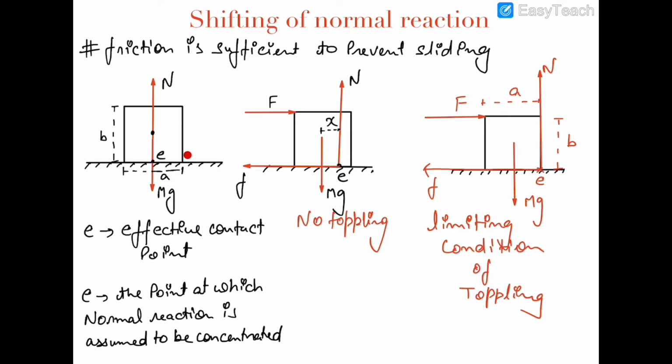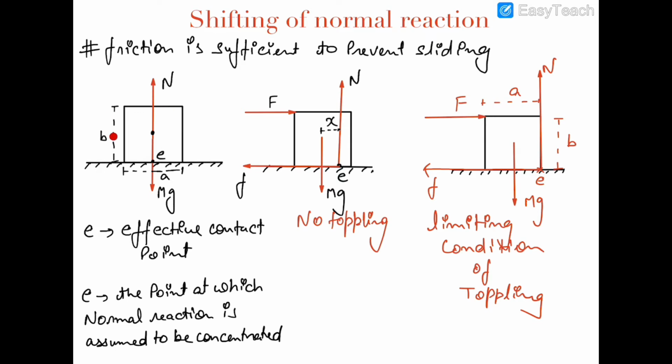So we can assume that the normal reaction is also concentrated on the bisector line of this block. The normal reaction acts in the upward direction, passing through the ground at this point E, where point E is called the effective point of contact of the block with the ground.